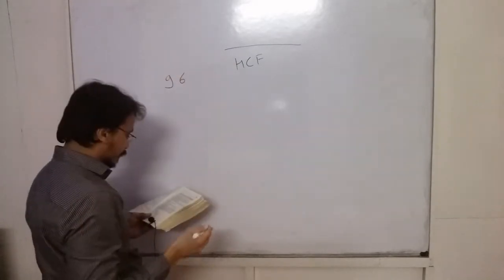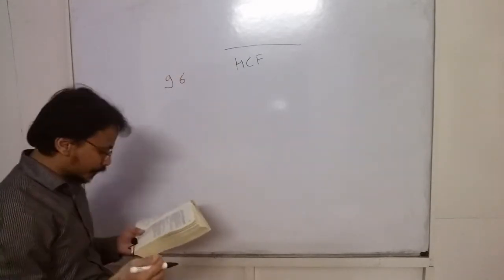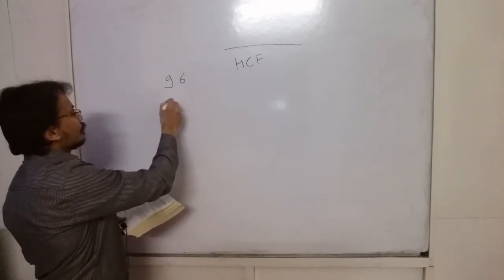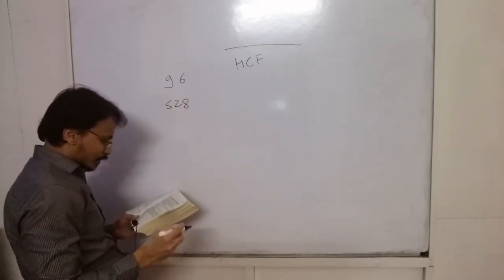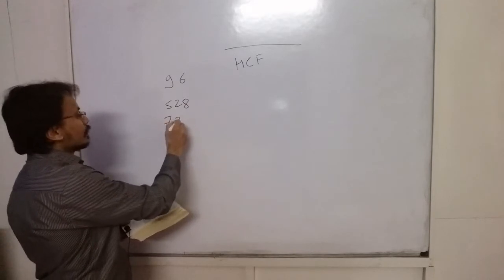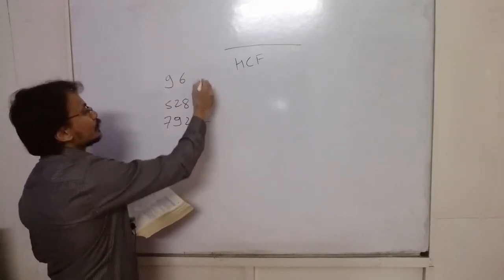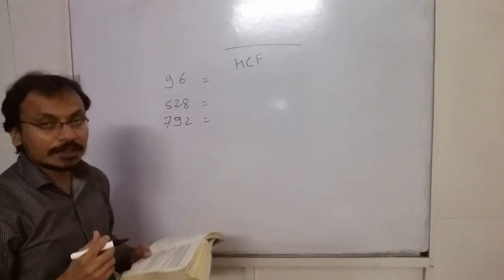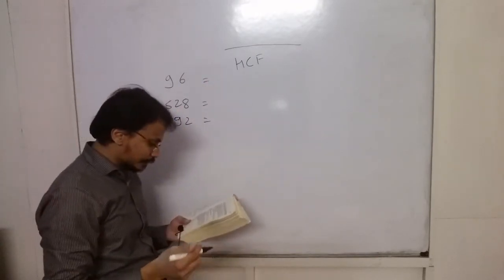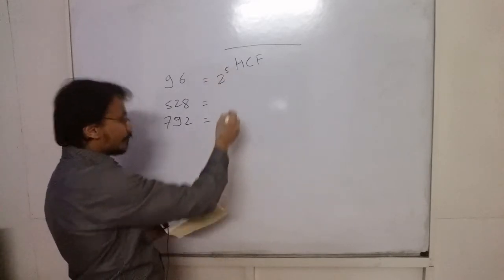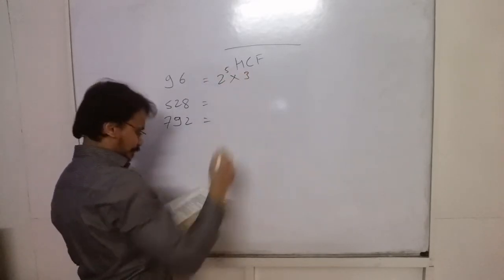Again I am taking 96, as in the previous question we have already factorized this number. Second number is 528. Third number is 792. So quickly factorize all these numbers. I think we have factorized 96 in the previous question. So 96 is 2 raised to the power 5 into 3.